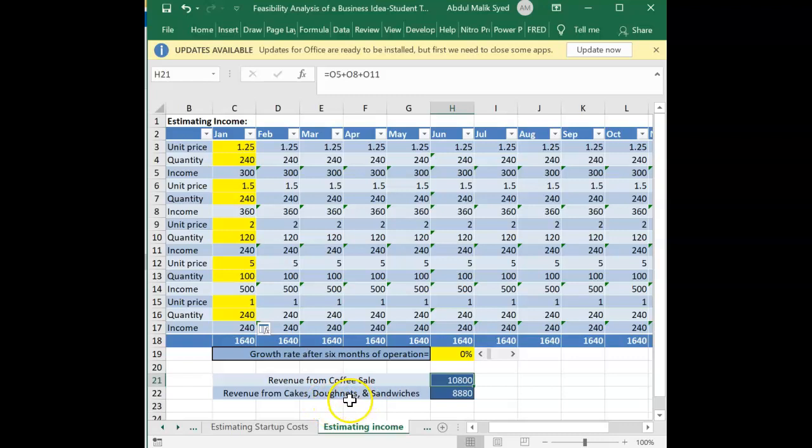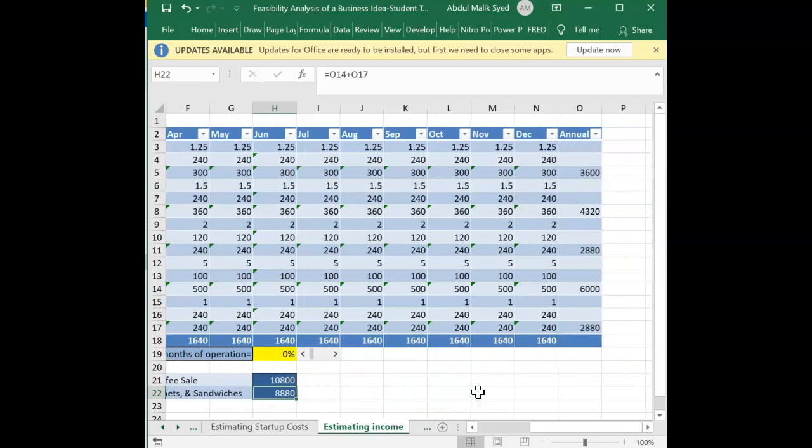Then revenue from cakes, donuts and sandwiches, because these I am getting from outside source, so I am separating the revenue generated directly by our business, coffee sale, and then revenue which we are getting by bringing some other products and selling it in our coffee shop. Okay, so something like this.